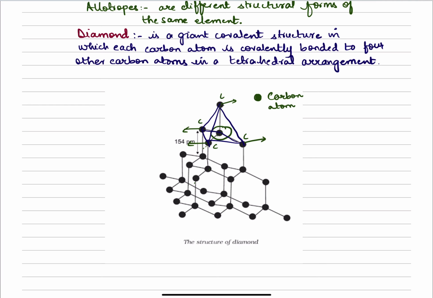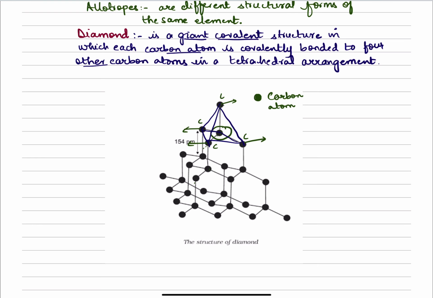So when we are describing the structure of diamond, we specify that diamond has covalent bonding. It has a giant structure. Each carbon atom is covalently bonded to 4 other carbon atoms, and the arrangement of the atoms is tetrahedral. This is how we define the structure of diamond.